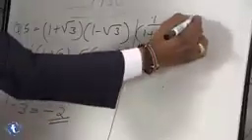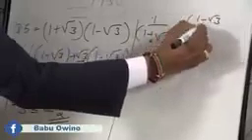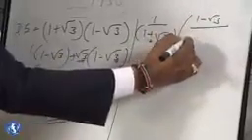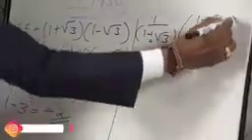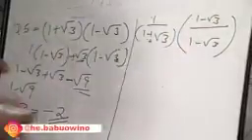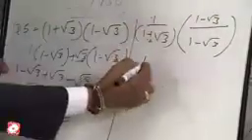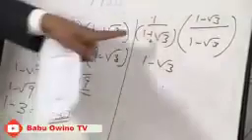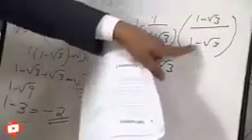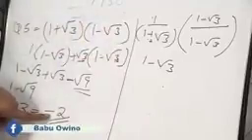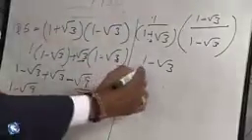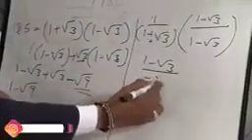So you multiply by 1 minus root 3. Then the denominator is also multiplied by 1 minus root 3. So the numerator we have 1 minus root 3. But remember, 1 plus root 3 into 1 minus root 3, when we solved it, we got minus 2. So you divide this value by minus 2.